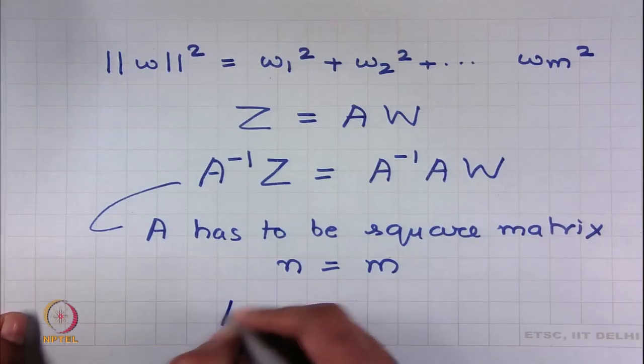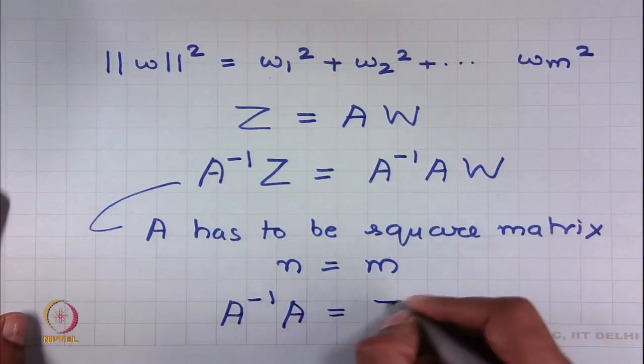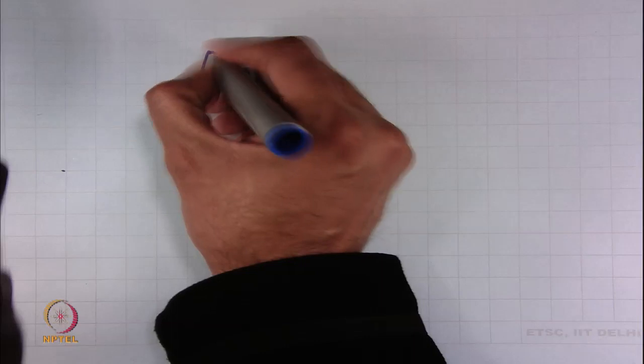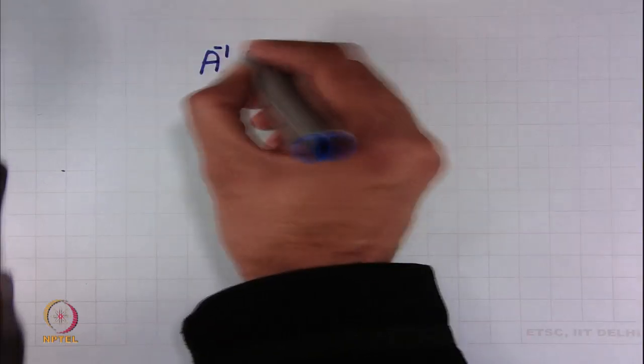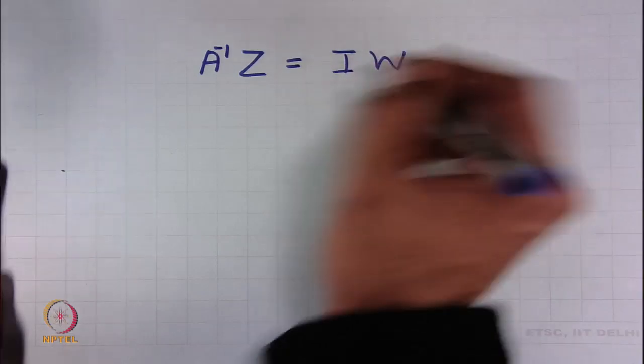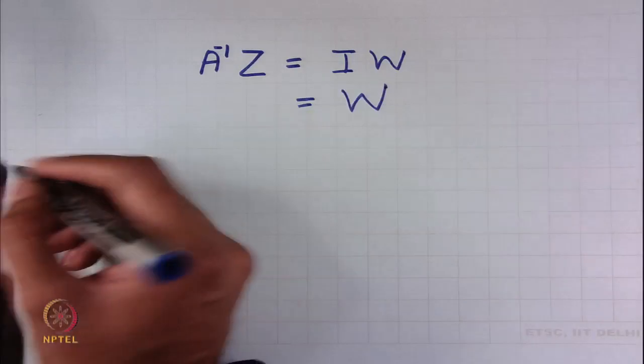Now, we know that if the inverse of a matrix exists, then A inverse times A is nothing but the identity matrix. Okay. So, we can say A inverse times Z is I times W, and identity times a matrix is nothing but the matrix itself.